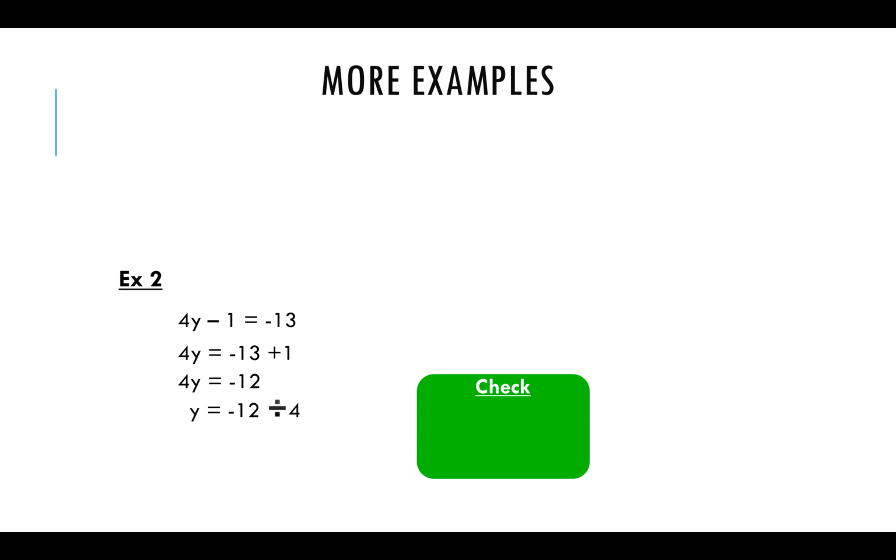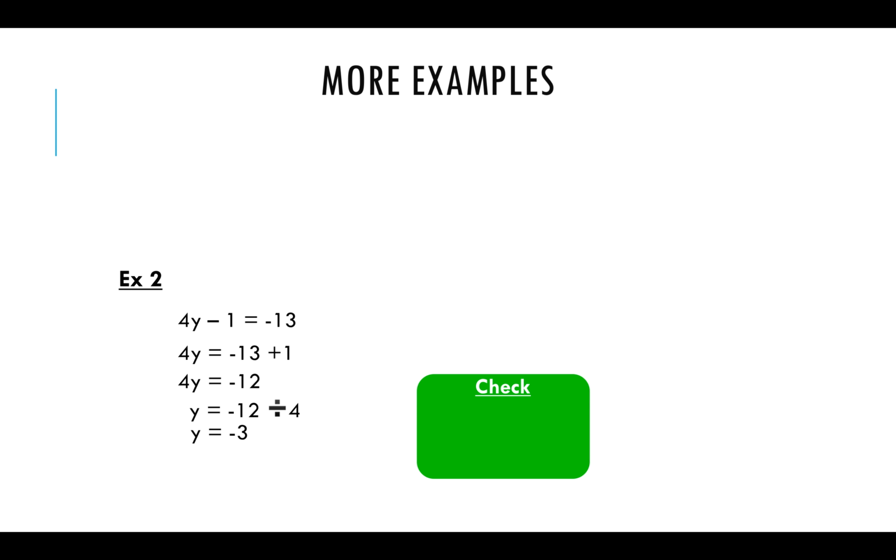So now, if I divide the left-hand side by 4, I have to divide the right-hand side by 4. So negative 12 divided by 4, is it positive or negative? It should be negative. Negative 12 divided by 4 will leave us with a negative 3.